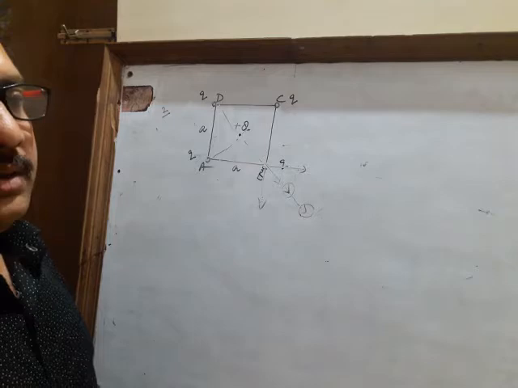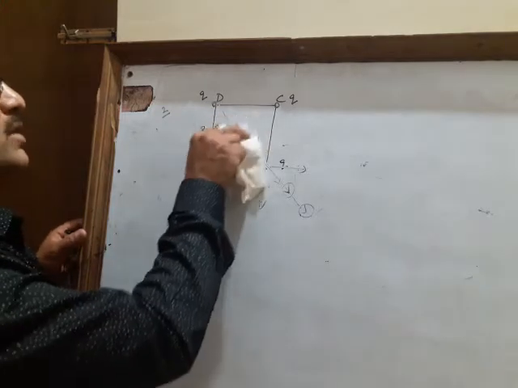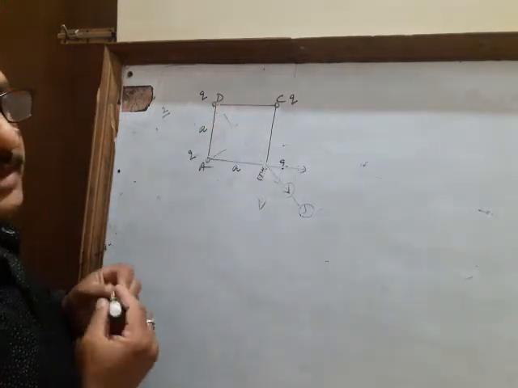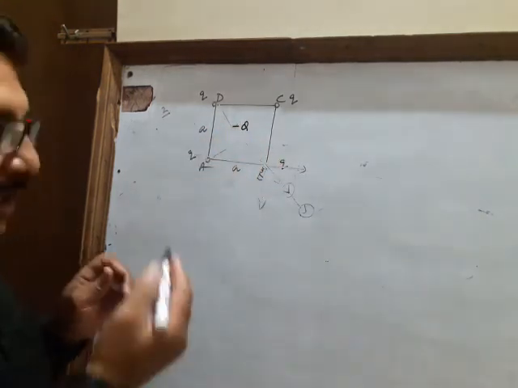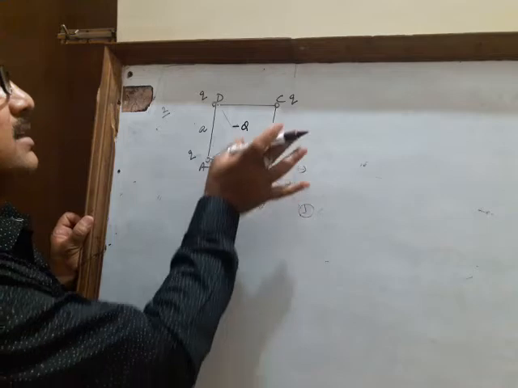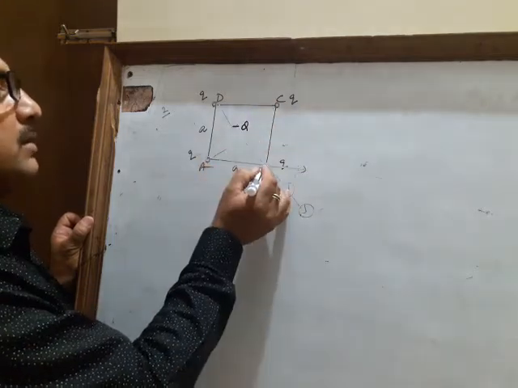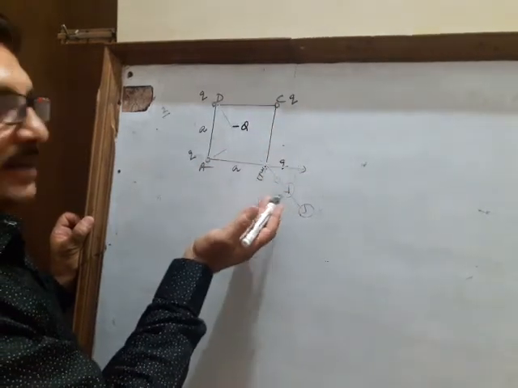So what is the outcome? That we cannot place positive charge, we can only place negative charge. And now you can check once again on this charge how many forces are acting.